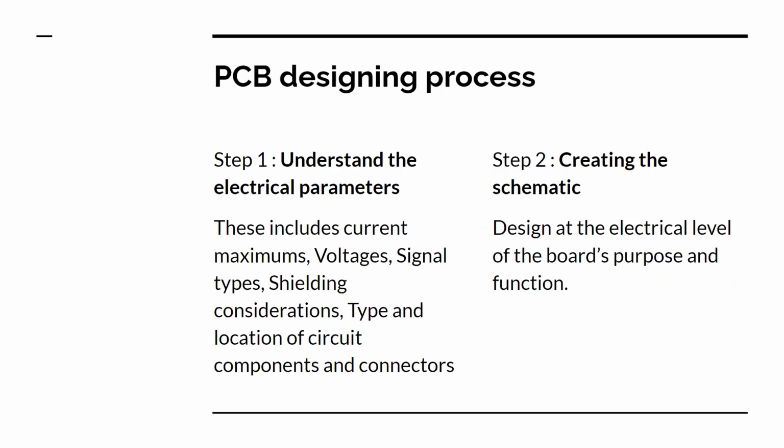Now, let us take a look at the PCB designing process that we will undergo in this course. The first one is understanding electrical parameters. You need to come up with the needs that you want, for example, maximum currents, voltages, signal types, the components, or where you are going to put the components.